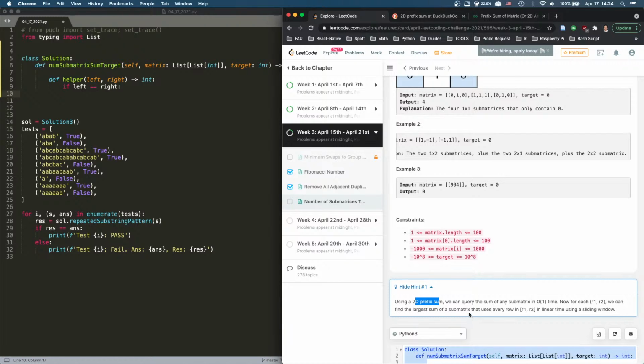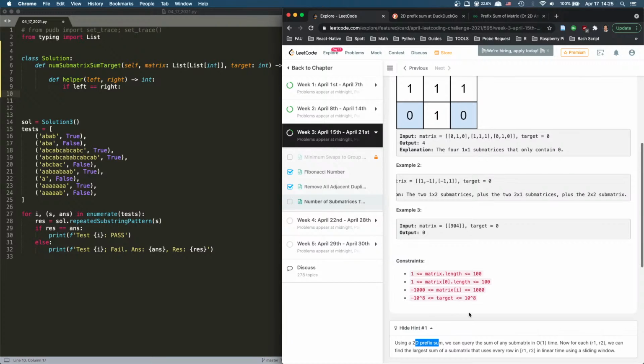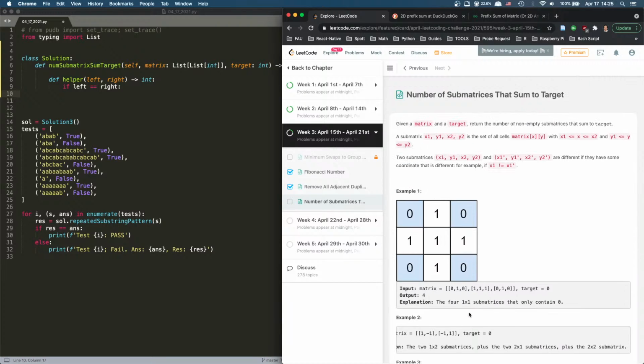I don't even know what R1, R2 stands for. So we're kind of still stuck, but we have a hint that tells us it is possible to find the sum of a submatrix in O(1) time.